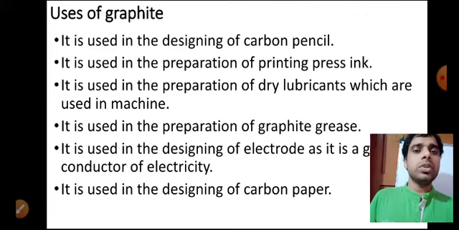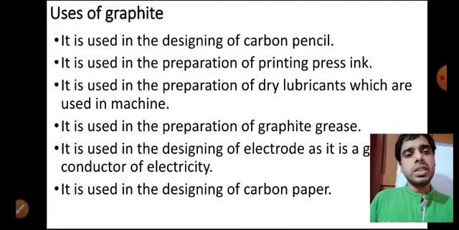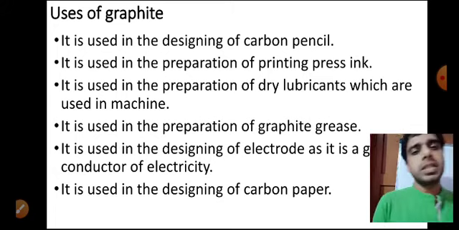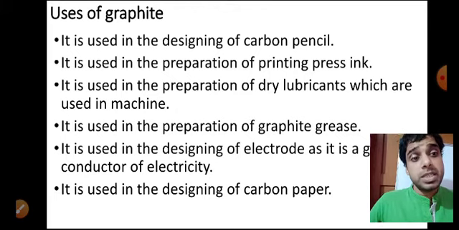Now the uses of graphite. In a pencil, the black lead is graphite, and that is one of the uses. It is used in the preparation of printing press ink. It is used in the preparation of dry lubricants, which are used in machines for removing friction also.